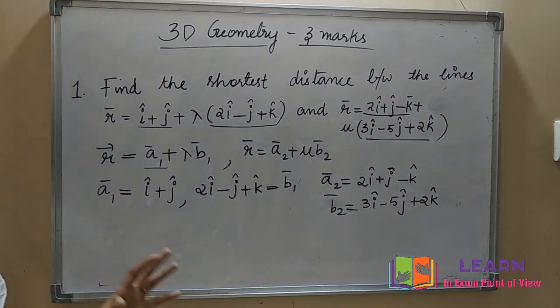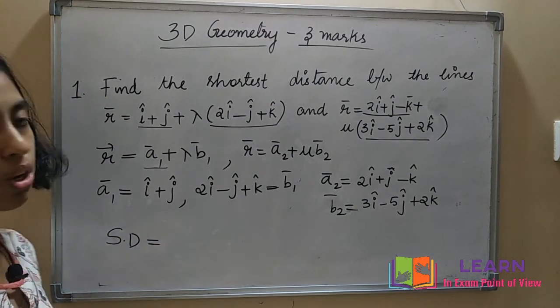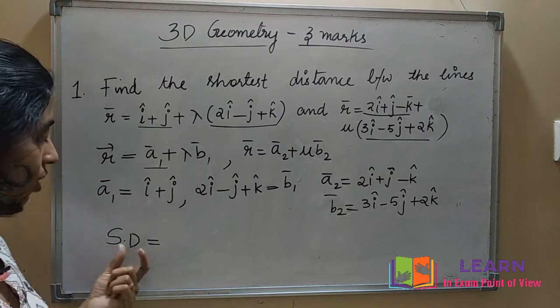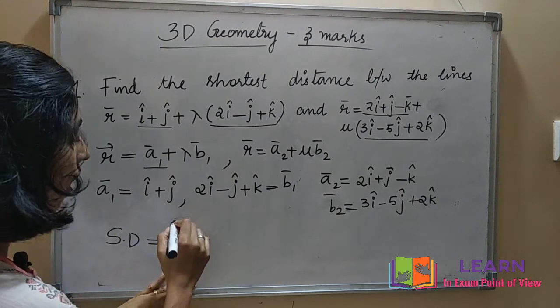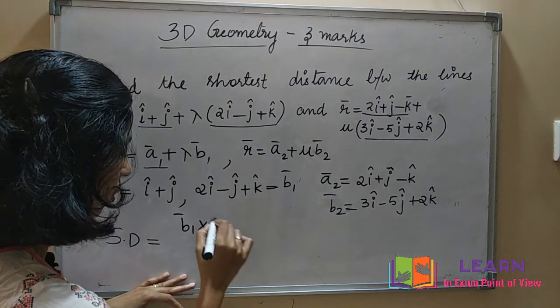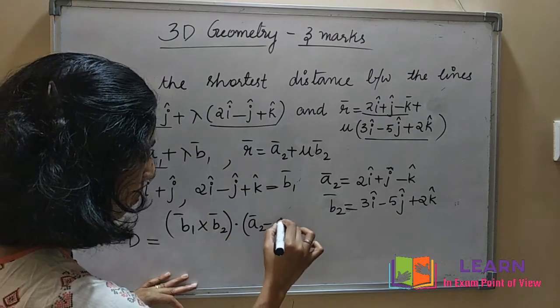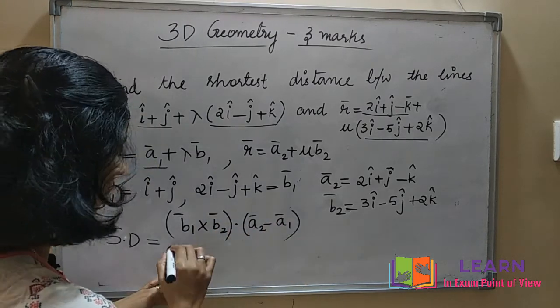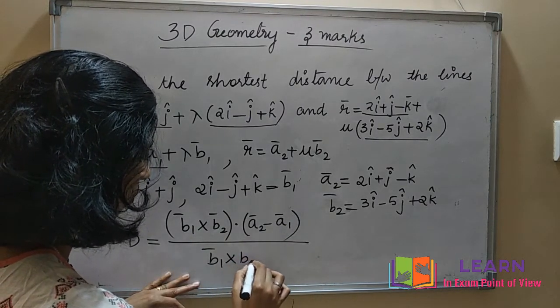Okay. So we should know the formula for calculating the shortest distance. I am representing the shortest distance as SD. First we have to study the formula. That is B1 cross B2 dot A2 minus A1, whole divided by again B1 cross B2.